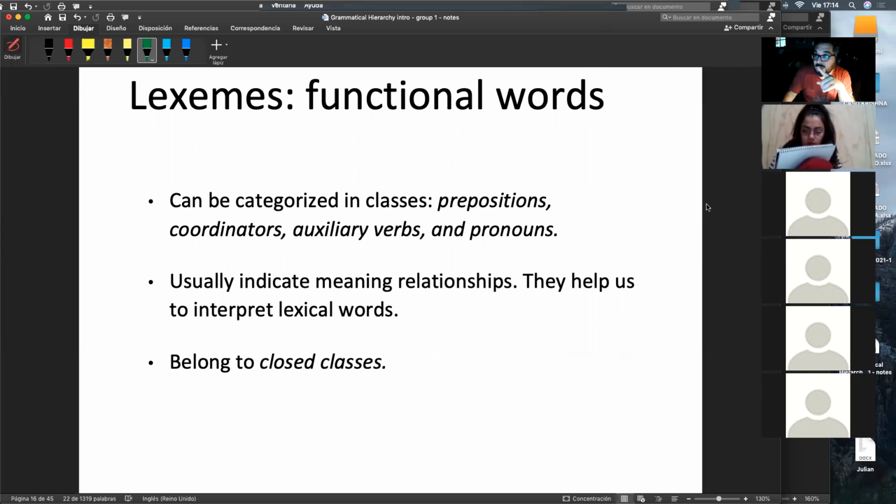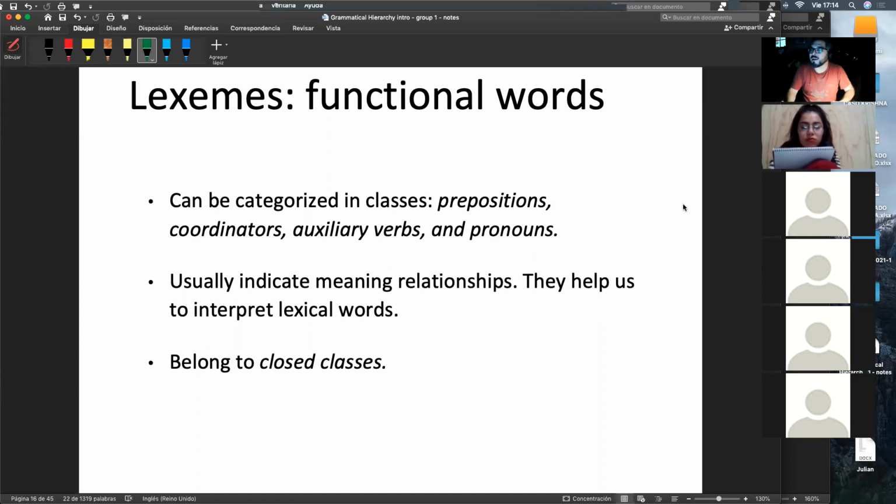Functional words can be categorized in classes as well. They are prepositions, coordinators, auxiliary verbs, and pronouns, right? Usually they are used in order to indicate the relationship between lexical words. They help us to interpret lexical words.